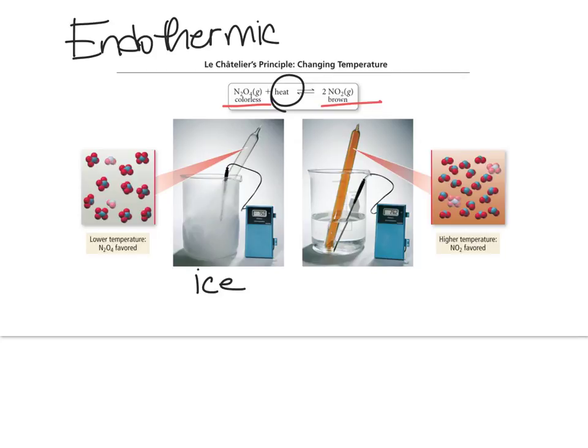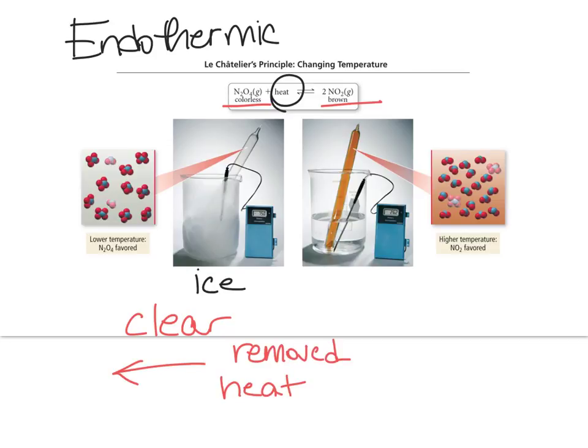Okay, so when we put it in ice, it shows me that it is clear, which means that the reaction has shifted to the reactant side, because we have removed heat, or one of the reactants.